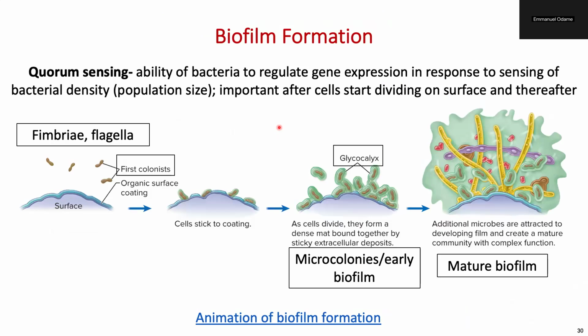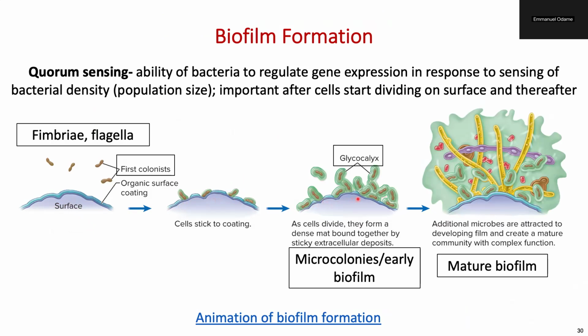So now let's talk about how biofilm itself is formed. Let's say this is the surface. You have a single colony come, it attaches to this surface, and then it forms a little bit of biofilm, and then it keeps forming more.